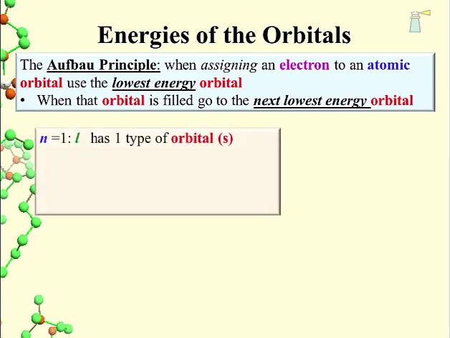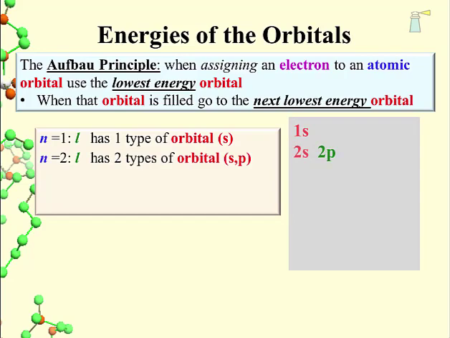For the first procedure, begin by listing out orbitals as a function of their principal and angular quantum numbers, n and l. For n equals 1, l has one orbital type. List out 1s. For n equals 2, l has 2 types of orbitals.